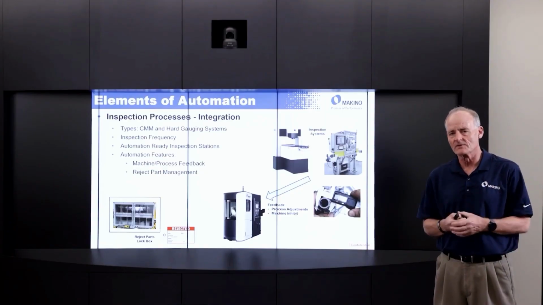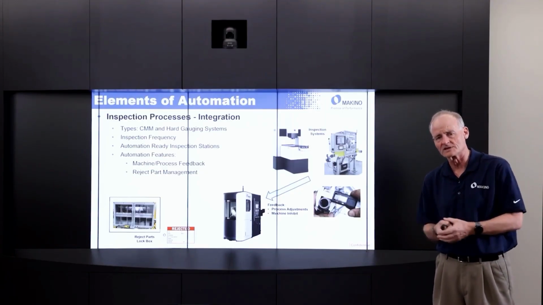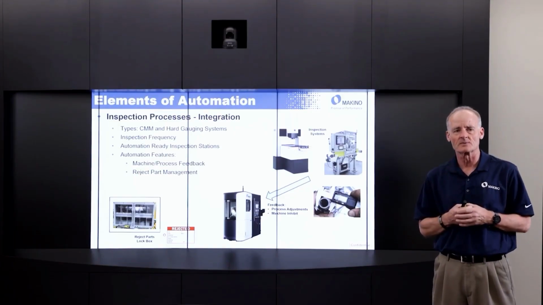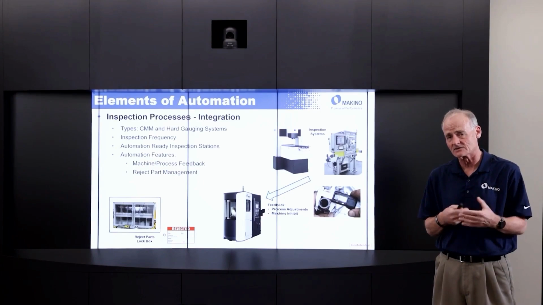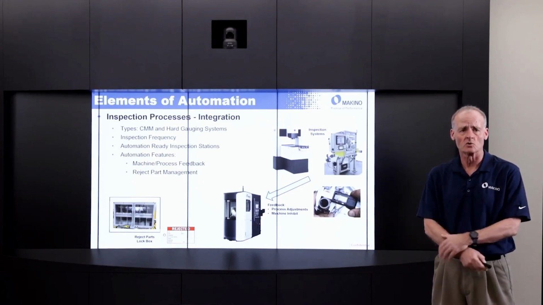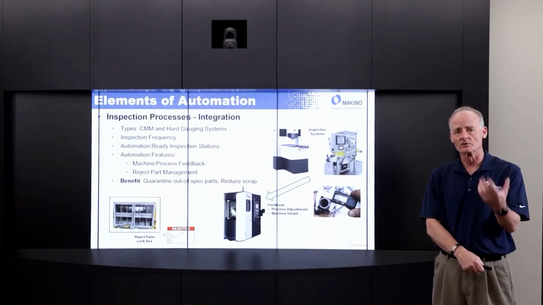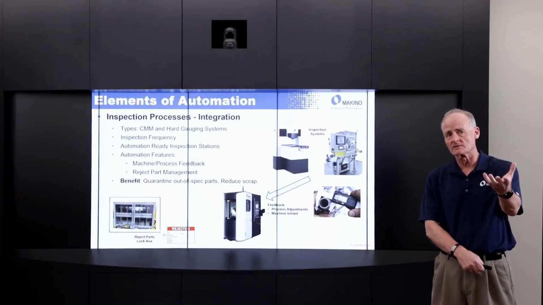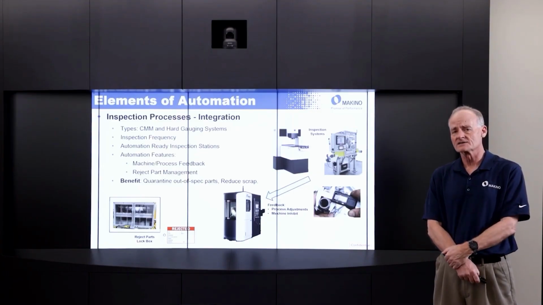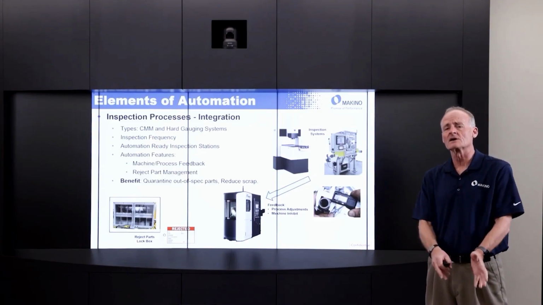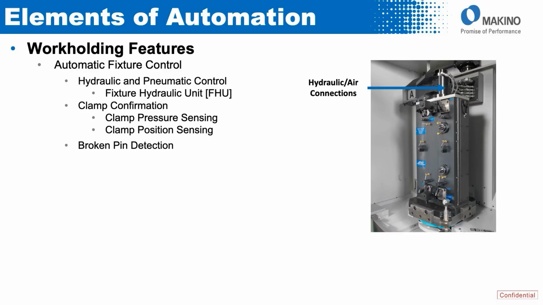We've dealt with various types of systems where the parts go into a reject chute that's then collected by the operator, or, as I mentioned, into a lock box where you have limited access to those rejected parts and you control what's going on with them. So the benefit here is that you're going to potentially reduce your scrap as you look at the inspection frequency and check the parts, and you're going to quarantine out-of-spec parts so they don't go down the line. They're not going on to the next process after having been rejected out of the machining process.